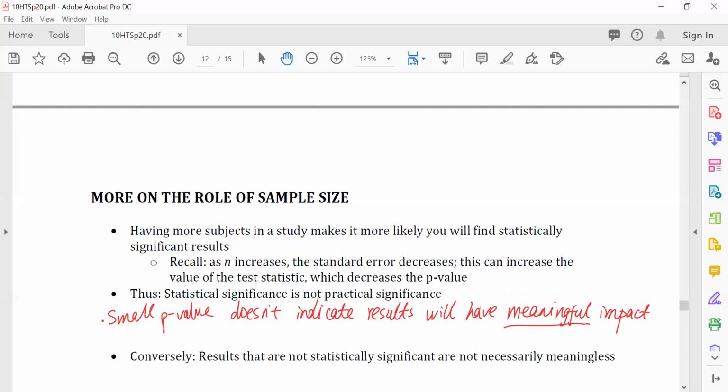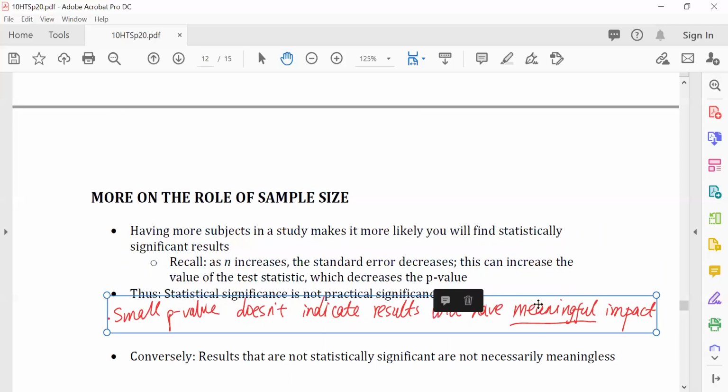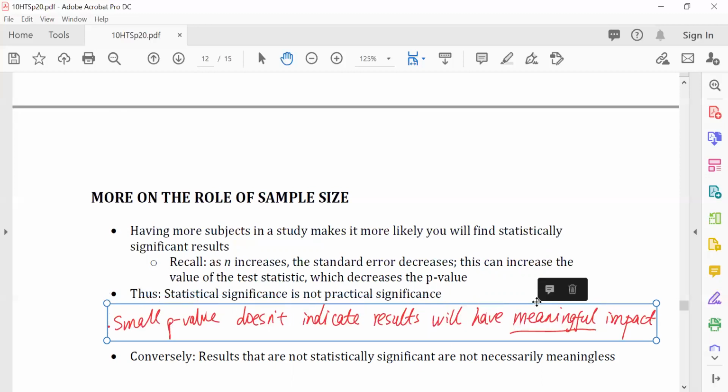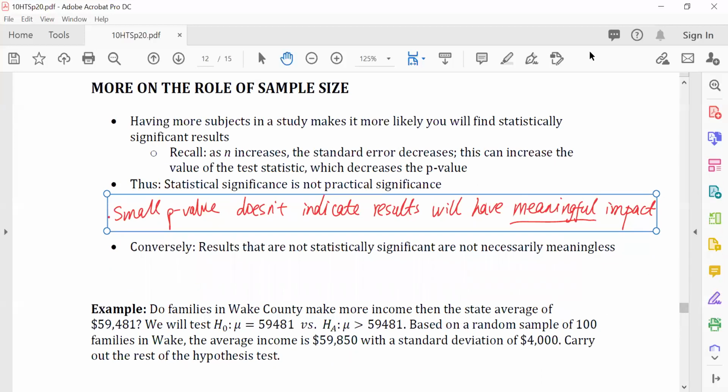On the other hand, if your results are not statistically significant, that doesn't mean your results are meaningless either. This is actually many times true when you are in the psychological field. For example, you are trying to see whether a new way to help depression works or not.